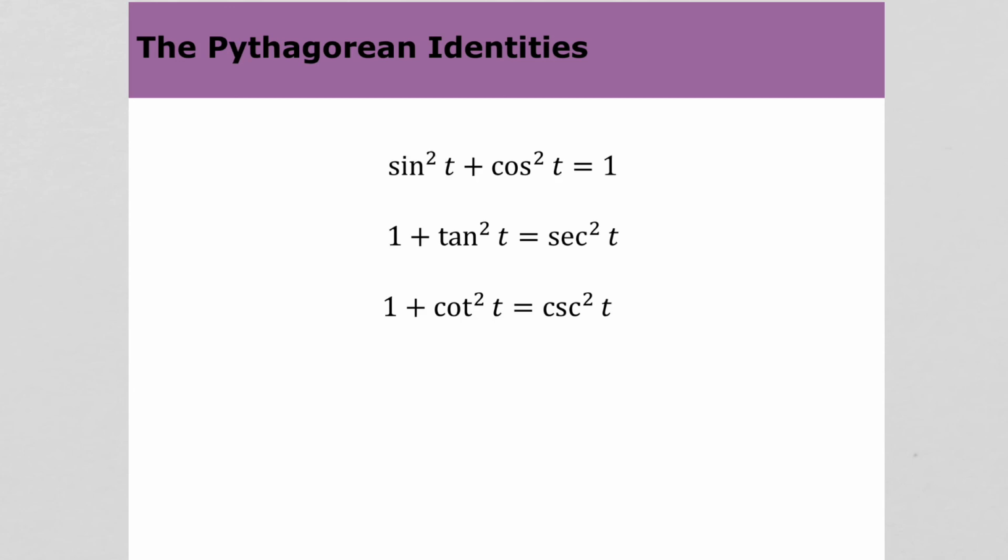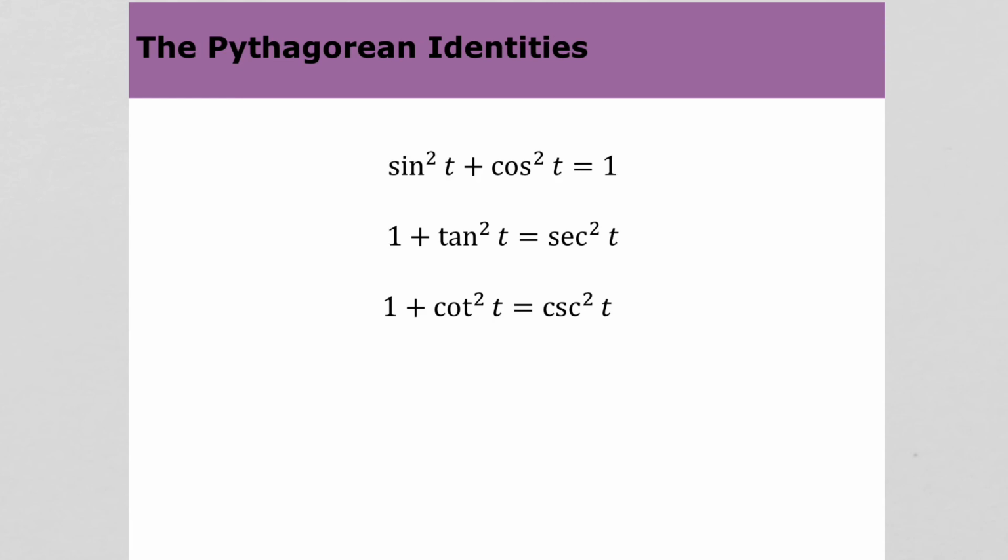The Pythagorean identities. These come from the Pythagorean theorem, okay? I may ask you to prove them at some point. Maybe I'll ask you to prove them for extra credit or something. But the Pythagorean identities say this: sine squared plus cosine squared equals 1. Very, very, very important to us.